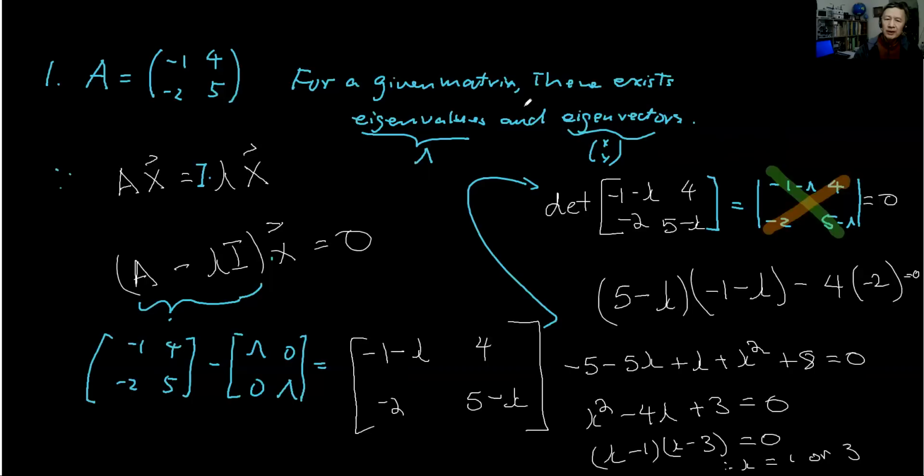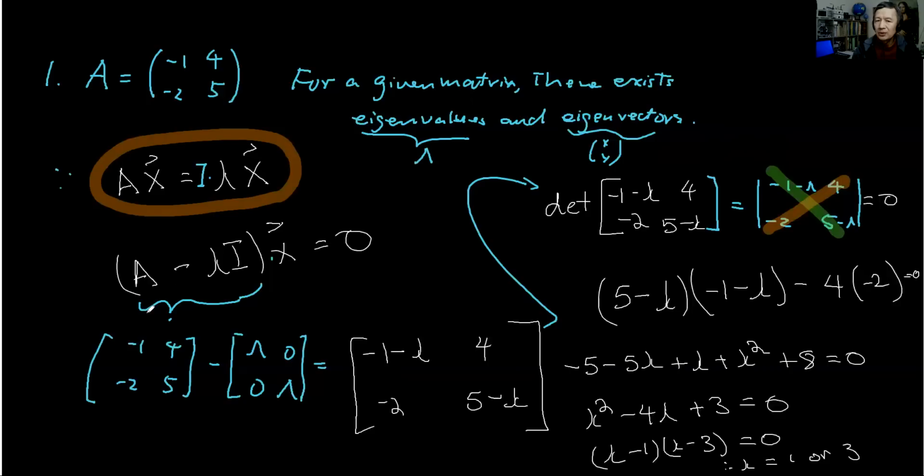In general, a matrix times a vector gives you a different vector. We have seen that several times, right? However, in this special case, instead of getting another vector, you get the same vector with a different magnitude, like a different scalar.